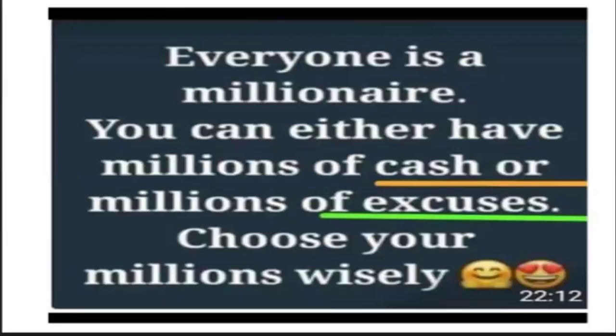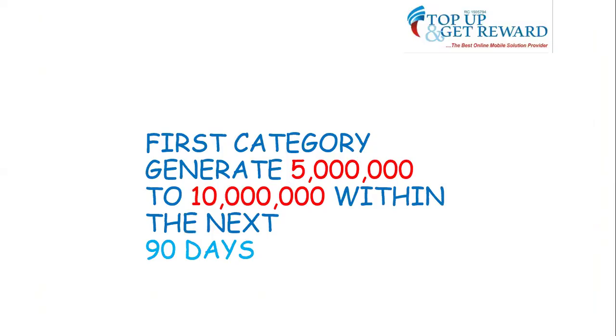Tonight I want to encourage you to choose your millions wisely by plugging into this system with the 100K package, the 50K package, the 30K package, the 40K package, and instantly you are going to fall among the first category of people that will generate 5 million to 10 million between now and December.